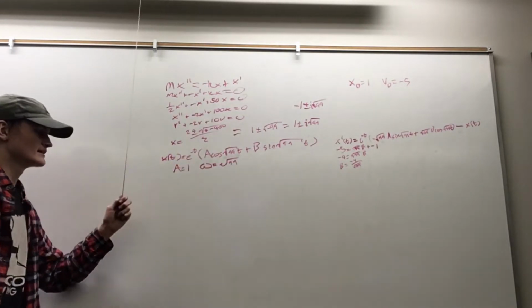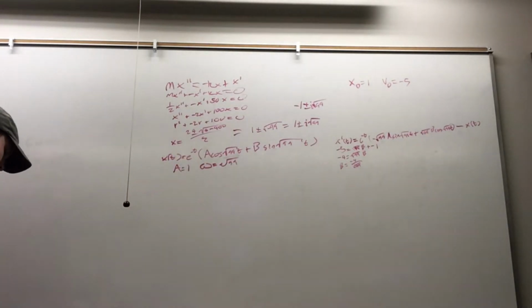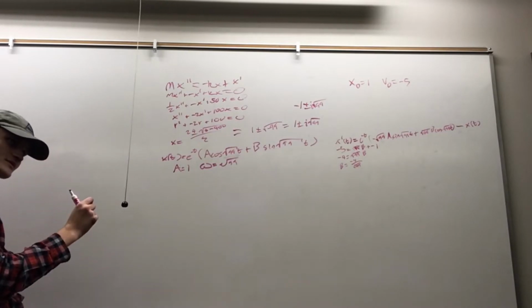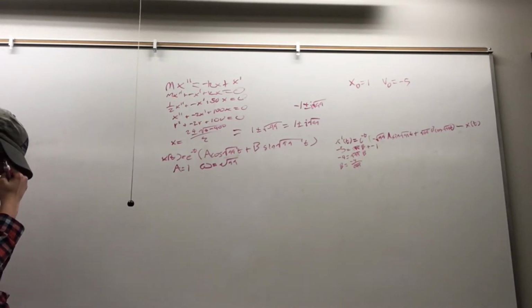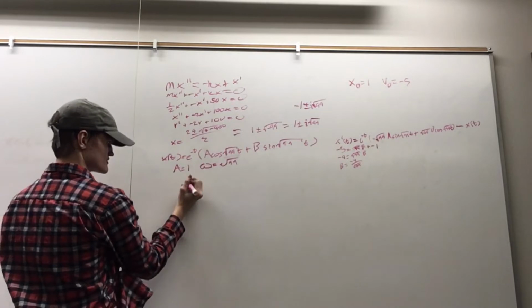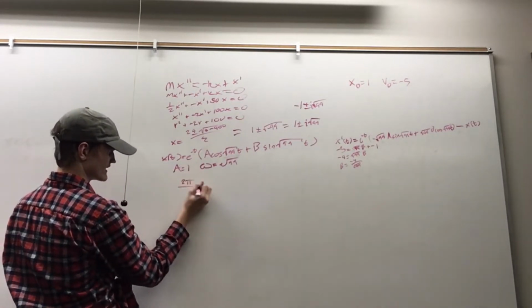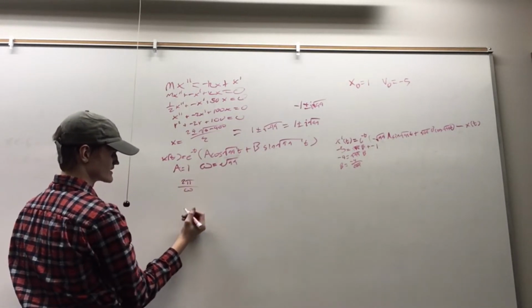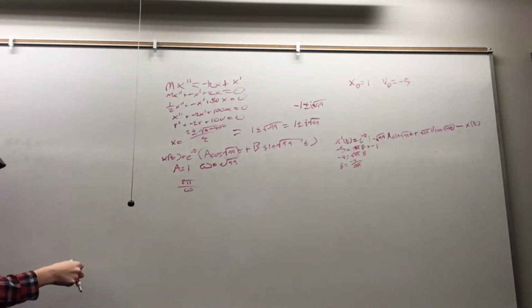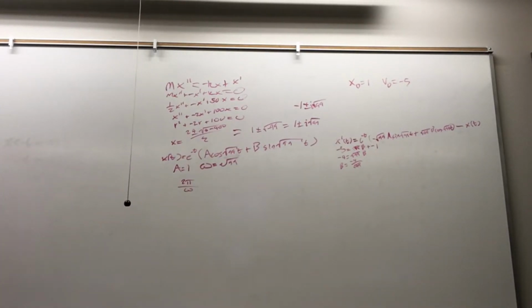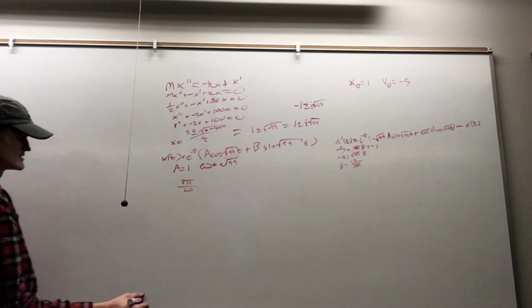So, and let me think there, the period is going to be 2 pi divided by omega, the radians per second, so 2 pi radians divided by radians per second. That's going to give us seconds.